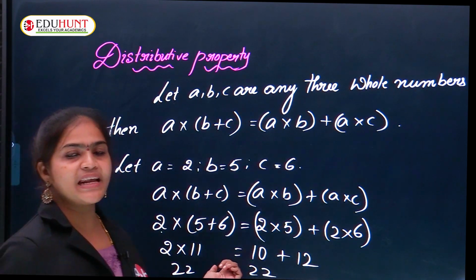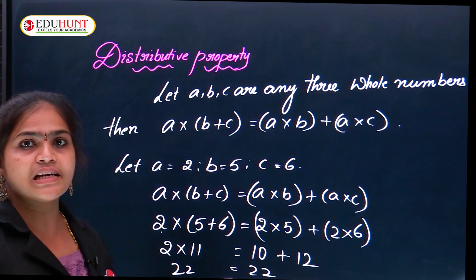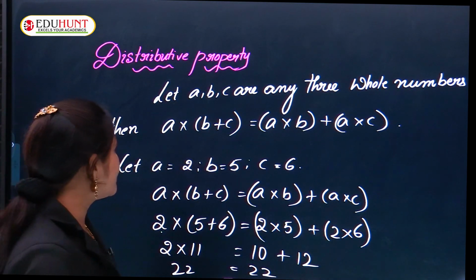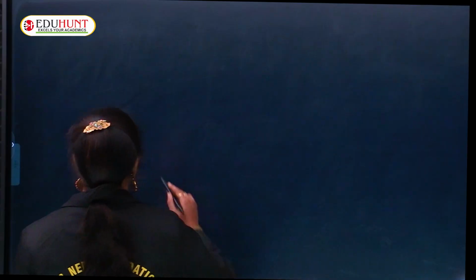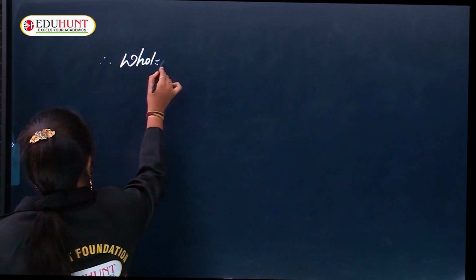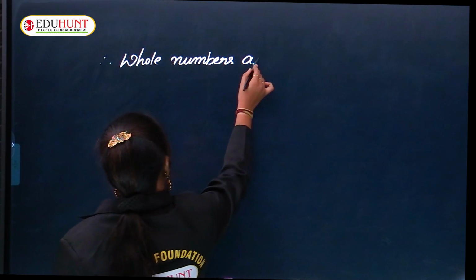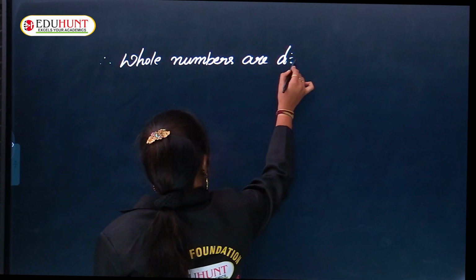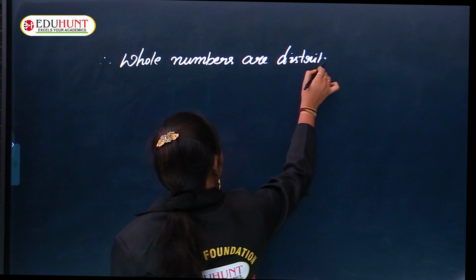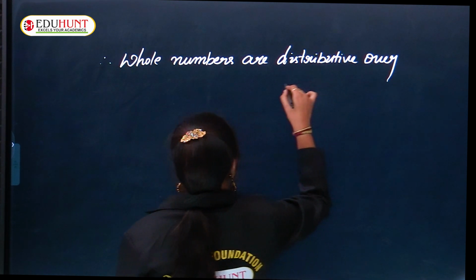Both sides we have the same result, that is 22. That's why what can we say? Whole numbers are distributive over addition.